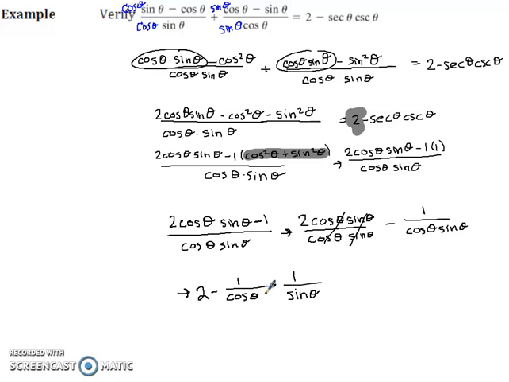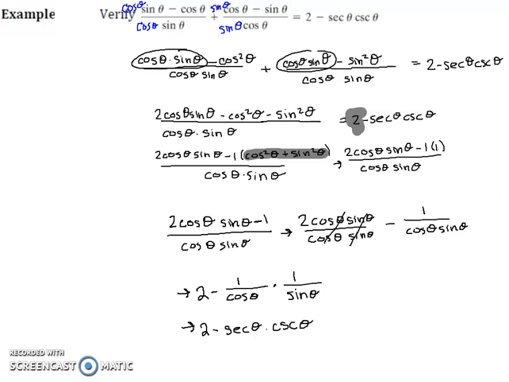If I simplify these down, I will get back to just the 1 over cosine sine. And the reason I'm doing this is because I know that cosine is the reciprocal of my secant function, and sine is the reciprocal of my cosecant function. So I'm able to simplify these down into the two expressions that I'm looking for.